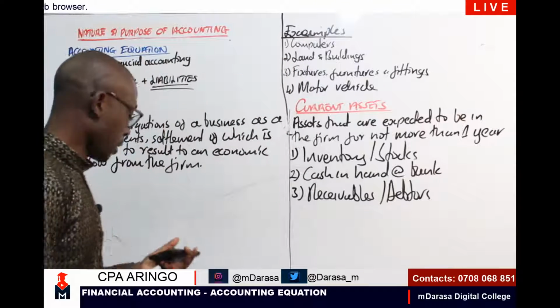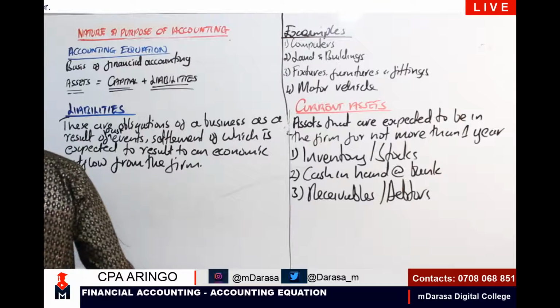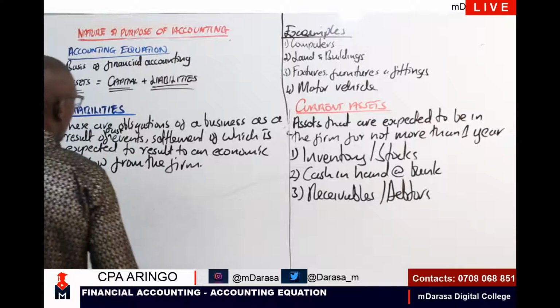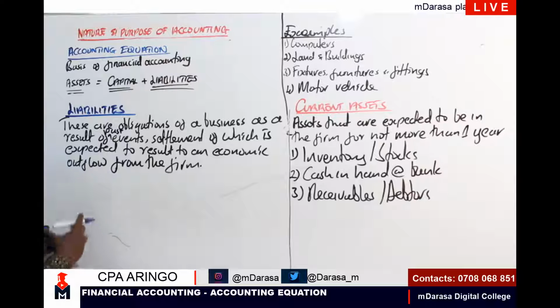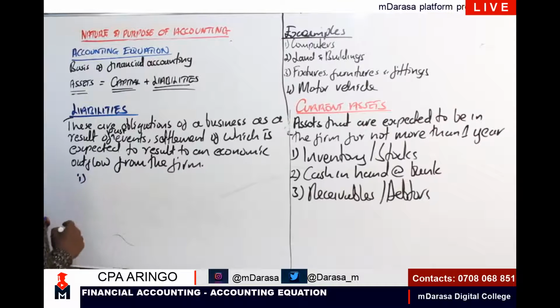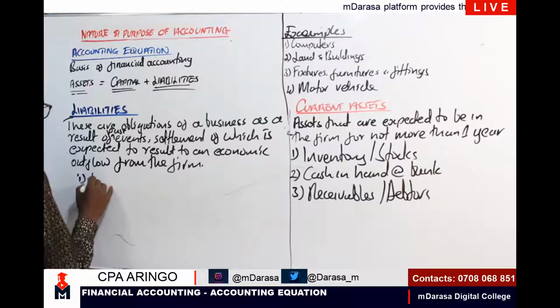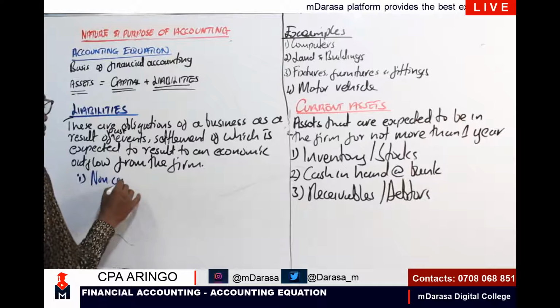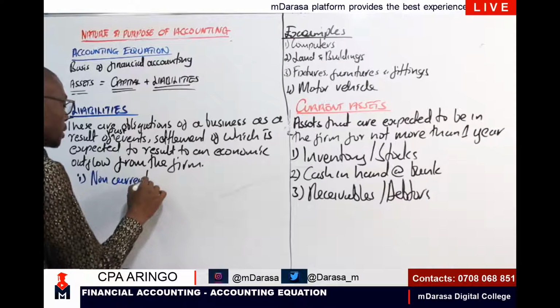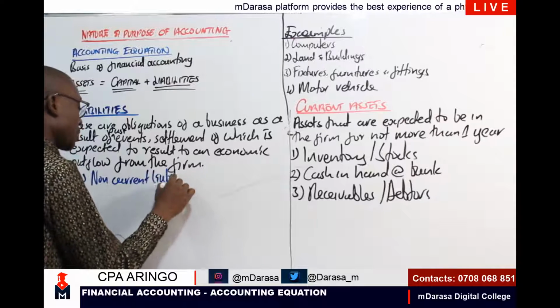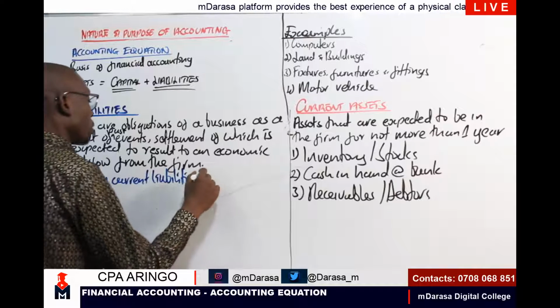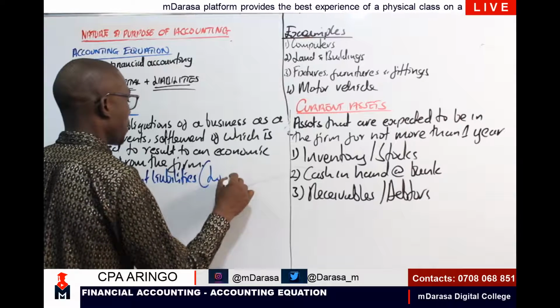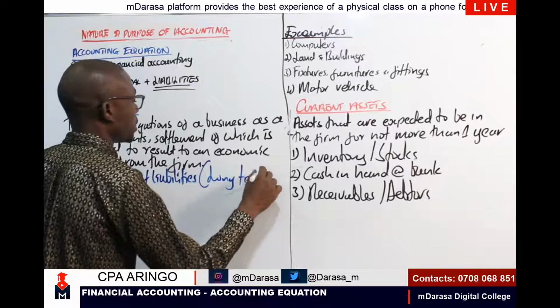Again, it is very important to understand the classifications of liabilities. Liabilities are also classified into two. Number one, we normally talk of non-current liabilities, commonly known as long-term liabilities.